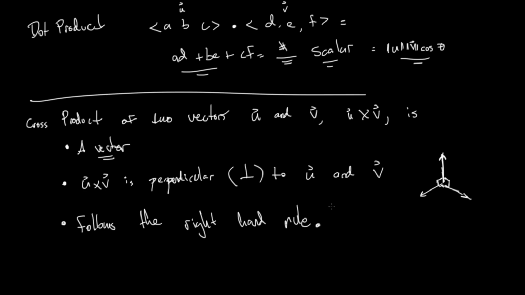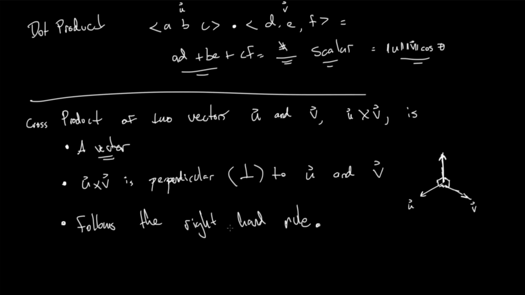If I were to take a vector here U and a vector here V, there are two directions that are perpendicular to both of these vectors. There's this vector that I've drawn going up, and there's another vector that I could draw going down that is also perpendicular to U and V. We want to specify which one of those two directions we are going in when we take the cross product.